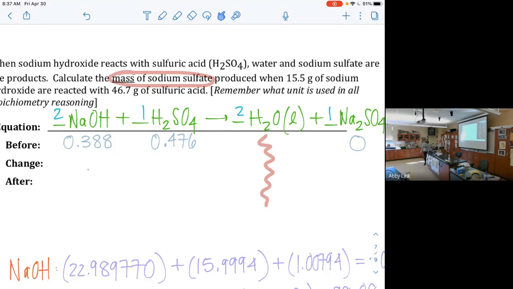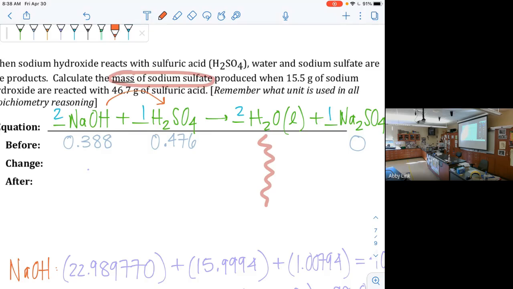So I have to go to moles from, I'm going to start with these mole amounts. Basically, what I'm going to do is try to go from my moles of NaOH, and I'm going to see how many moles of H2SO4 those moles of NaOH would require if I were to use them all up, okay?